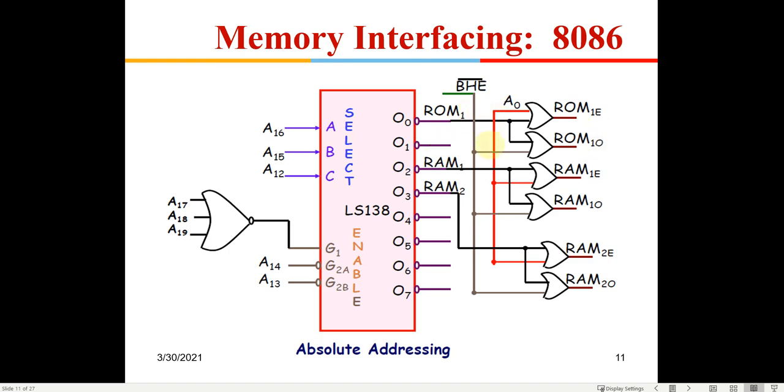In the same way, A0 is given to these two RAM inputs for the even one, and for the odd one the BHE output is given out here. So this is how the final hardware implementation looks. Is it clear to all of you? If you do one or two examples on your own, I think it's there in the tutorial also, then you will be pretty clear. These things are pretty simple.